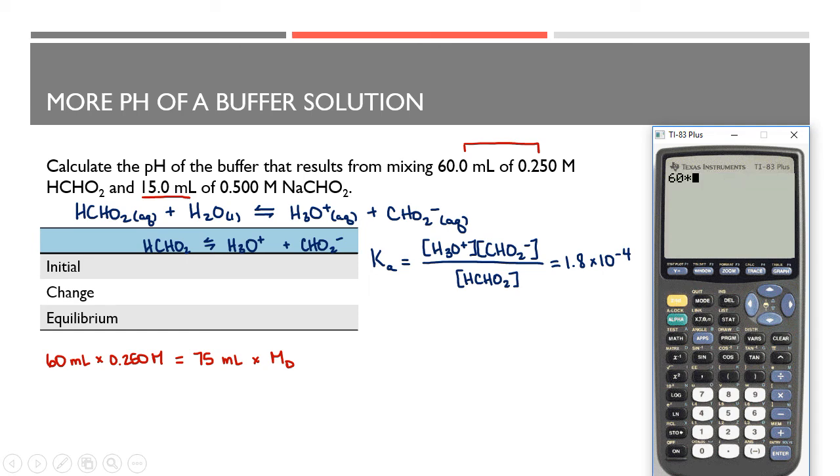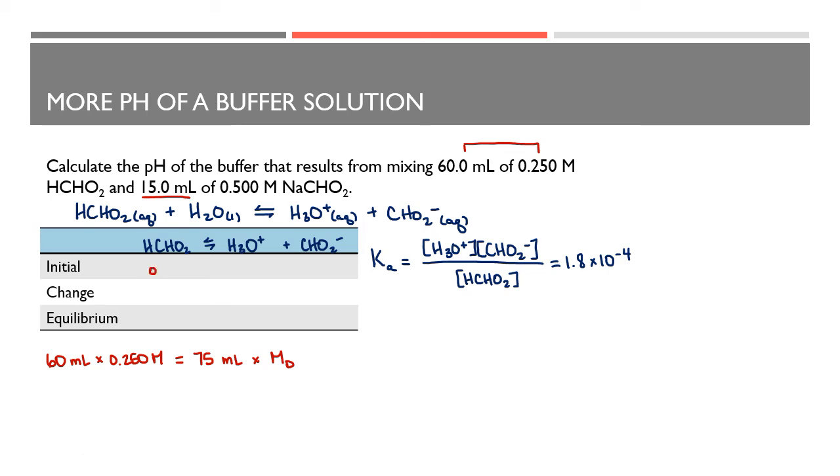So I take 60 times 0.250 divided by 75, and I get 0.2. So what started out as a 0.250 molar solution of acid goes down to a 0.200 molar solution of acid because we diluted it with some of that salt solution.